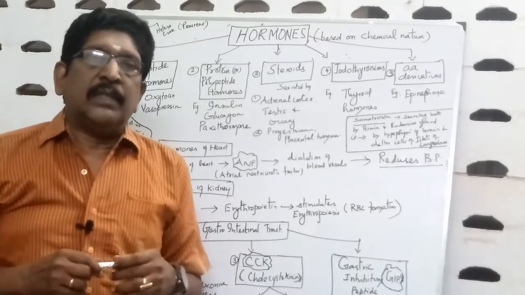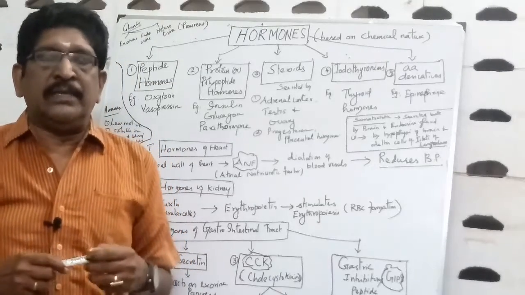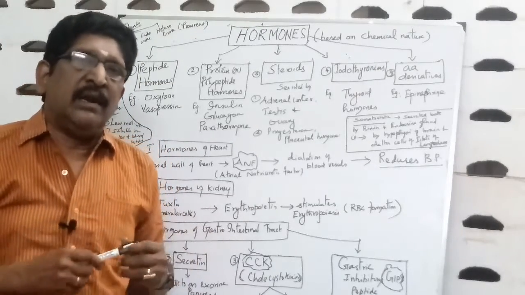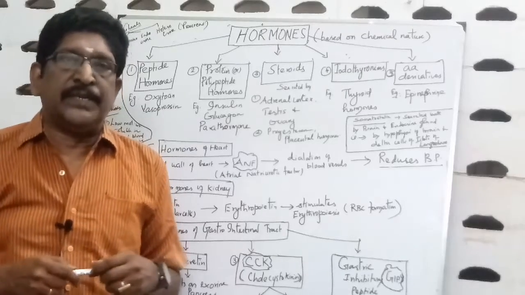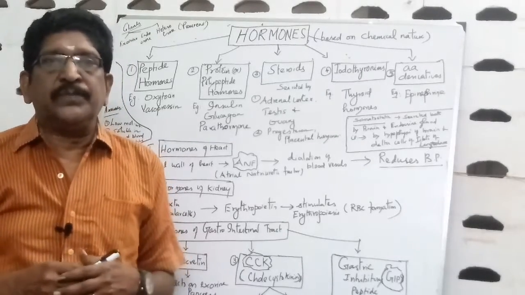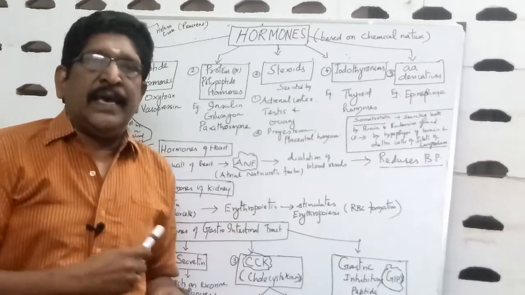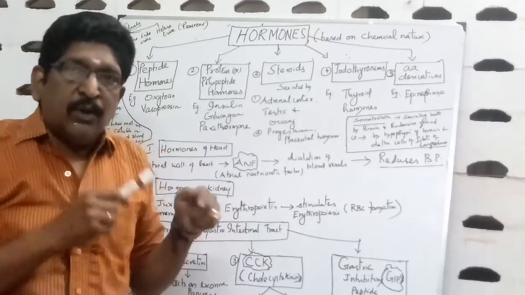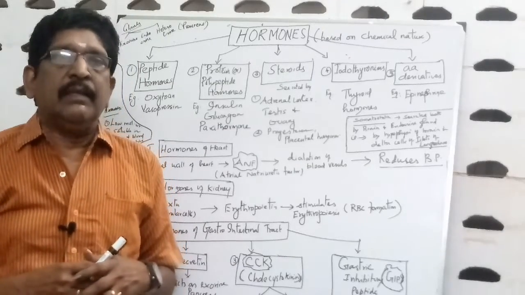Second one, ductless glands or endocrine glands. These endocrine glands directly secrete their hormones to the bloodstream, so they are called the ductless glands. So exocrine glands secrete enzymes, endocrine glands secrete hormones, you must remember.